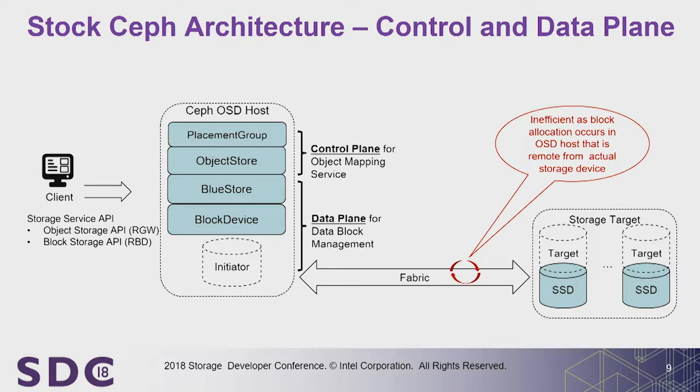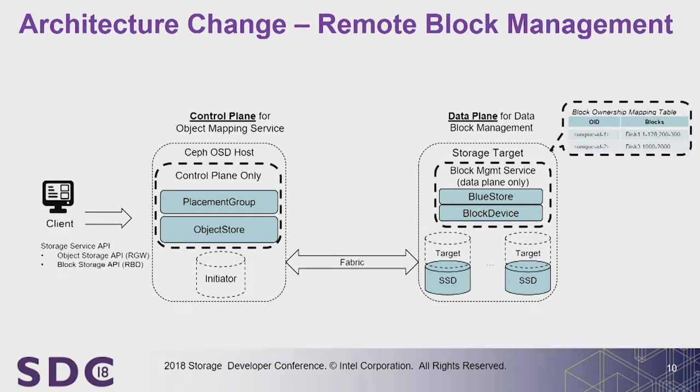So what we're saying with remote block management is to move BlueStore and have it run standalone on the remote storage target. You leave the Ceph top half on the OSD host. You do all the operations that the Ceph OSD does today, but you move the block management to the remote storage target.